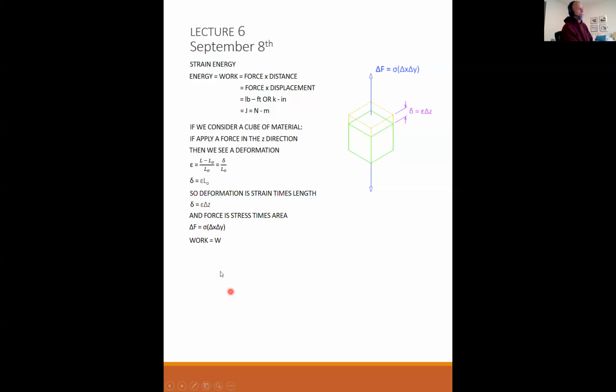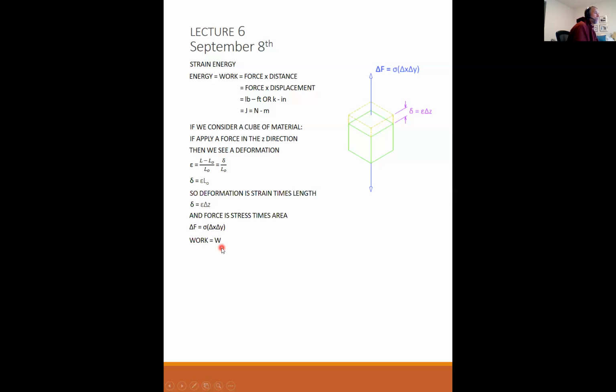So work, we use the symbol W for work, is the average force times a distance. So here's a chart. The vertical axis is the applied force. The horizontal axis is the deformation, as shown here.